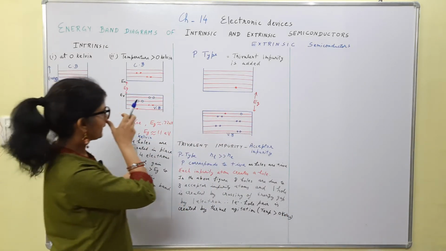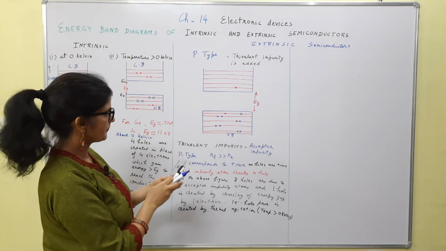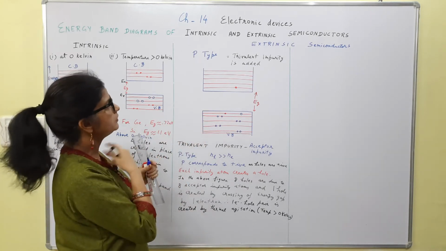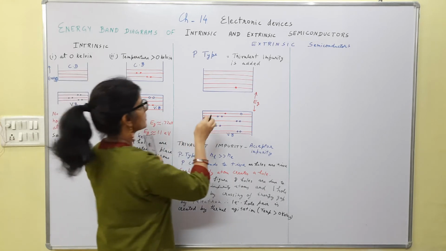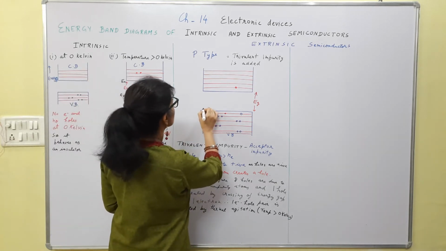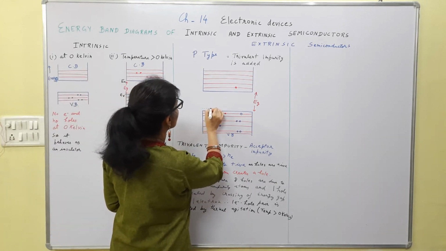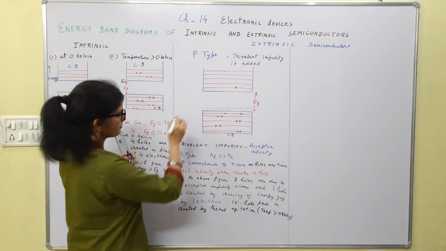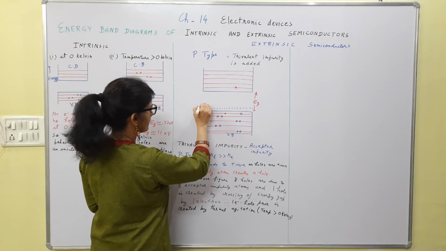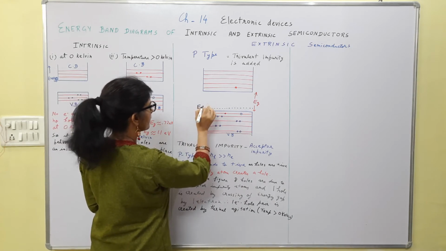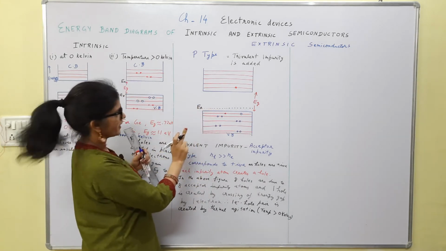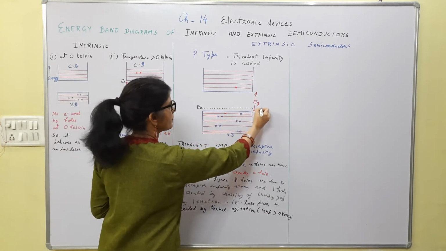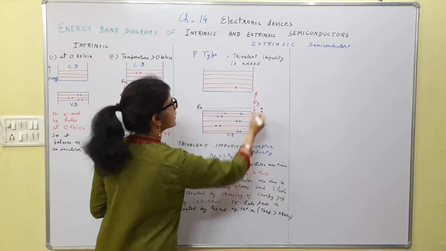So here one more thing is there, that this is an acceptor impurity. Acceptor impurity gives rise to an energy level which is called as acceptor energy level, just above the valence band, right? So this energy gap is very less.